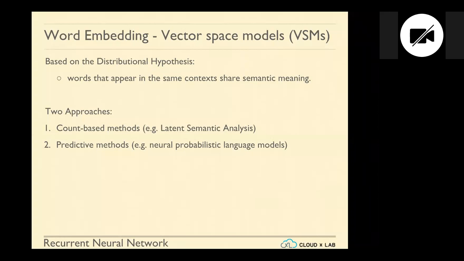The whole word embedding philosophy, or vector space models as we call them, is based on this hypothesis that words that appear in the same context share the same meaning. So the words that are surrounded by similar words.